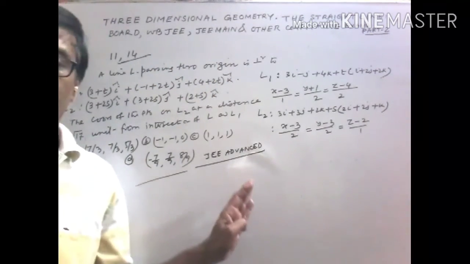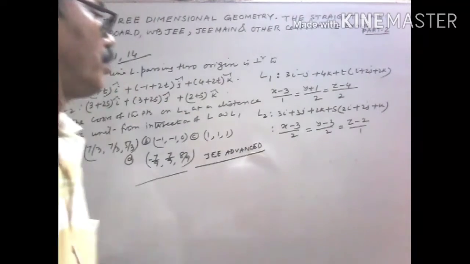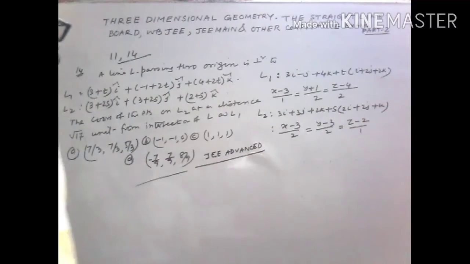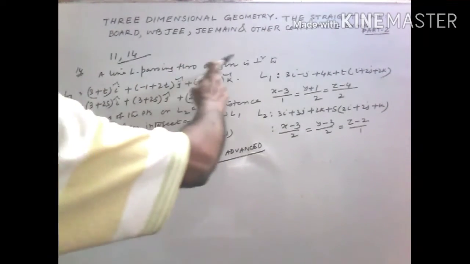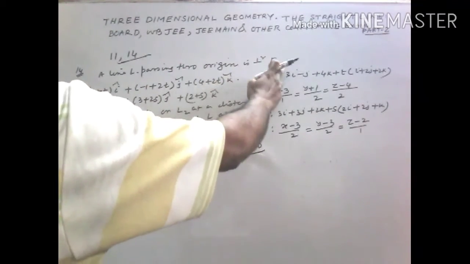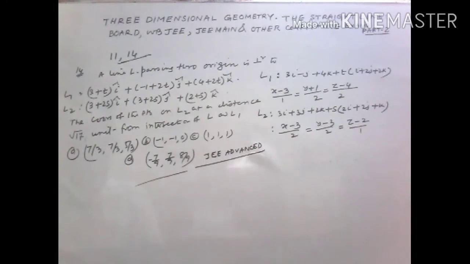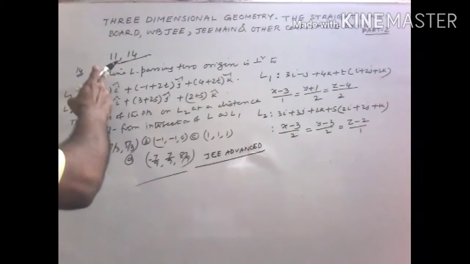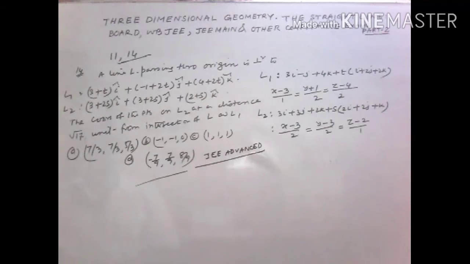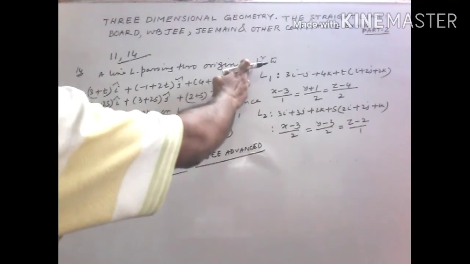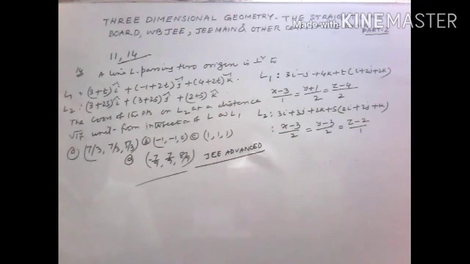So this is the representation of L1 and L2 in standard form. Now a line passing through the origin and perpendicular to L1, perpendicular to L1.